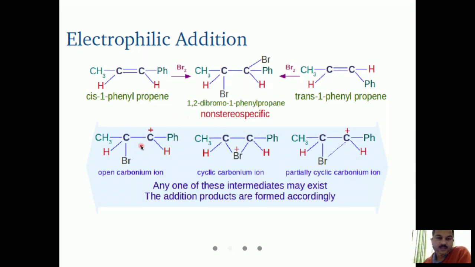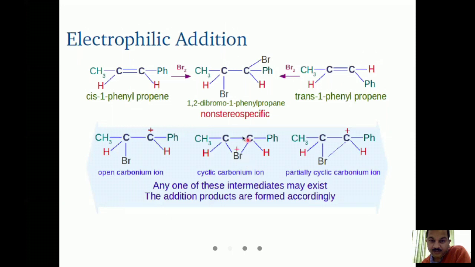This intermediate carbocation will form if the halide attacks, as we have an electrophile, and it will attack either this or this carbon, and then there is formation of carbocation. Another way is that bromine can make a cyclic transition state, a cyclic carbonium ion.